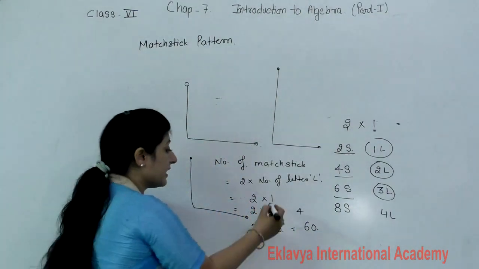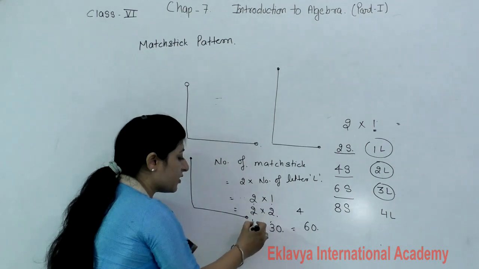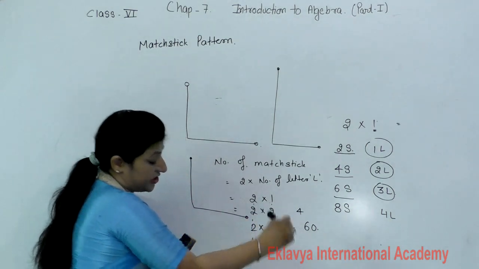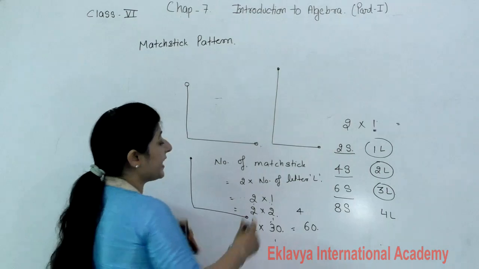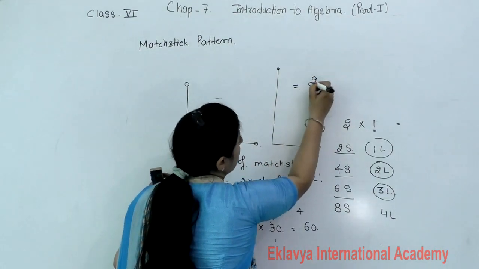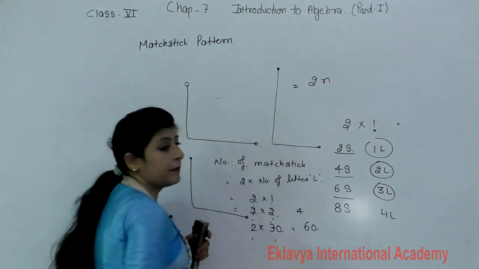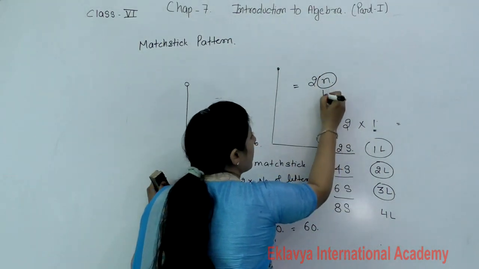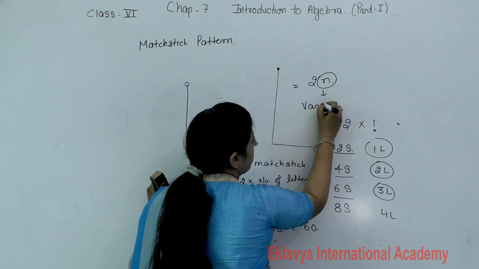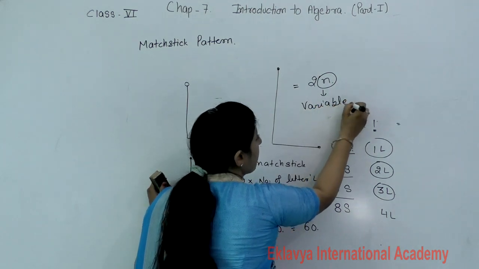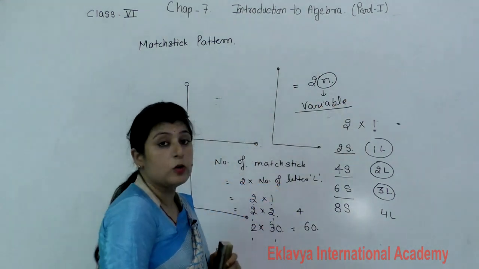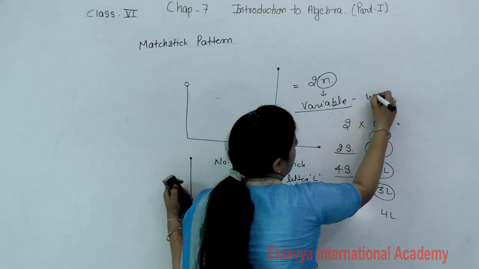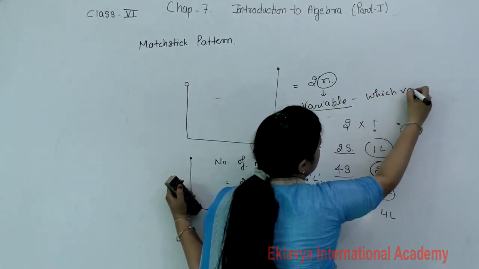It means you can see that this value is constant, but this value is changing. We can represent this as equal to 2 multiplied by n. Here n is what? n is a variable. Variable what? Variable whose value can be changed.